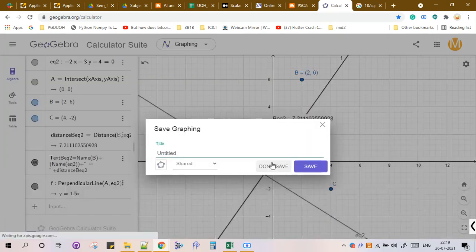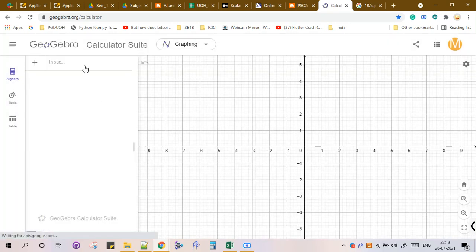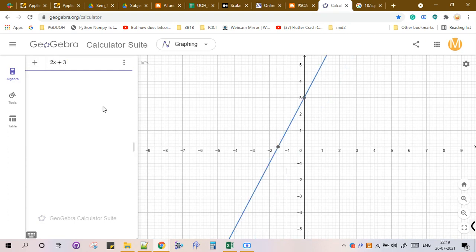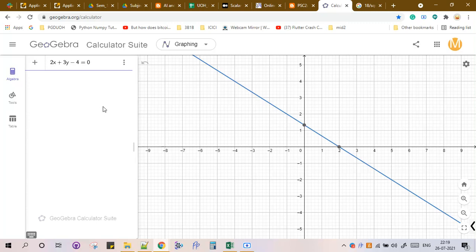Let's say I have one hyperplane, 2x plus 3y minus 4 equal to 0. And if I take exactly double, 4x plus 3 multiplied by 2, 6y minus 8, then it will be the same line. Both are similar, I am just multiplying by 2.